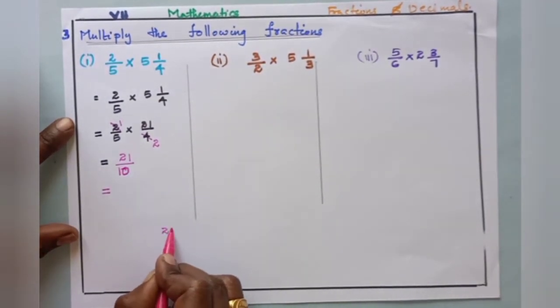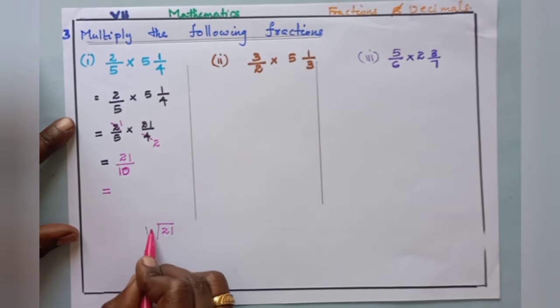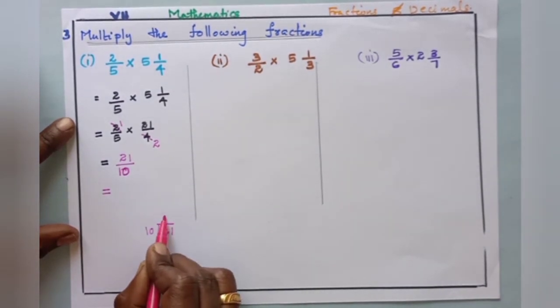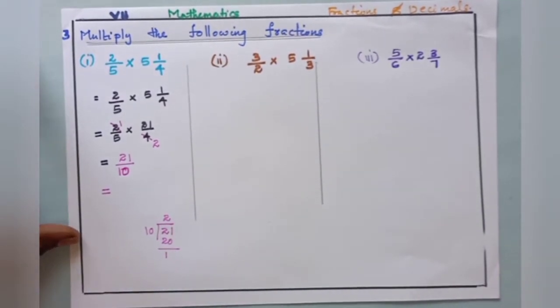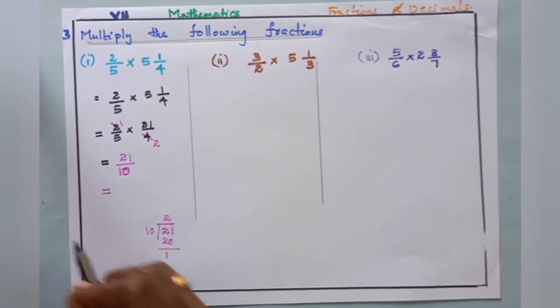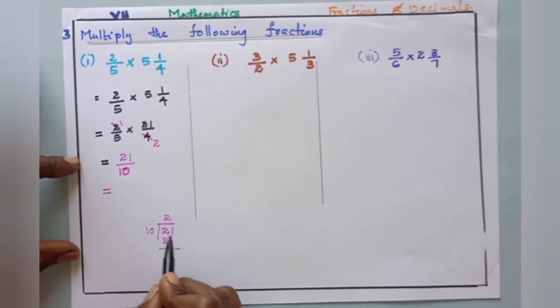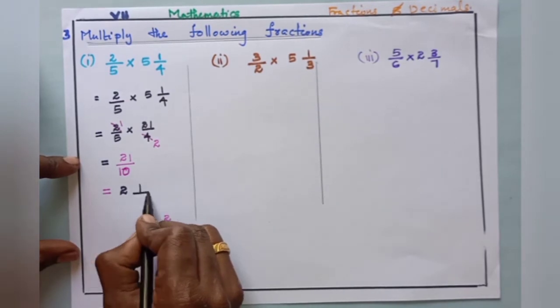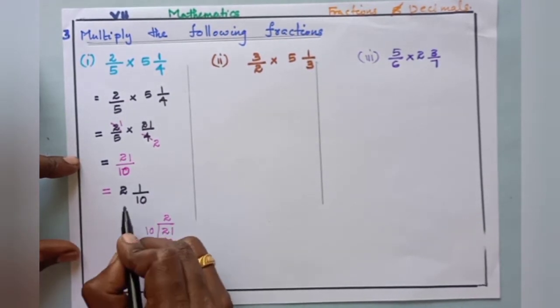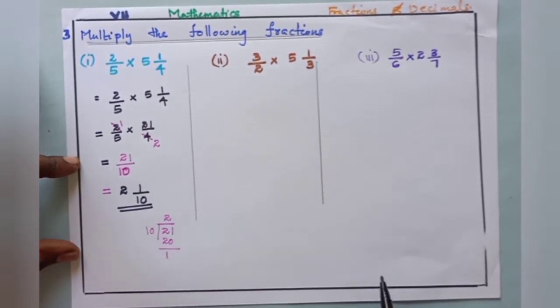So 21 divided by 10. 2 tens are 20, remainder 1. So write the answer as a mixed fraction: quotient 2 and remainder 1 by divisor 10. So the final answer is 2 and 1 by 10.